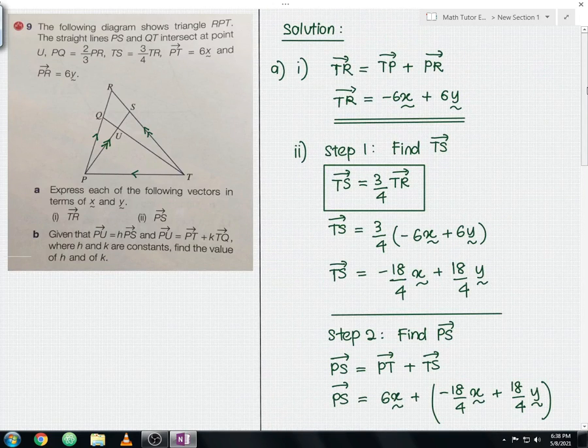So take a look at the diagram over here. It is mentioned that PQ is equals to 2 over 3 of PR. So what we're going to do is we're going to use this relation into the working. Okay guys, so I hope you guys are clear.